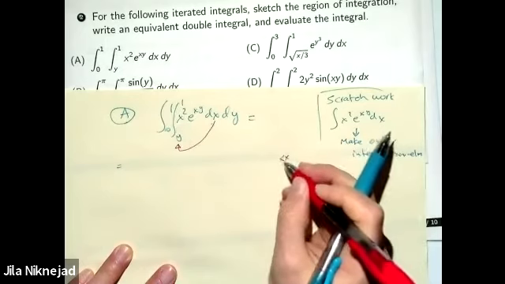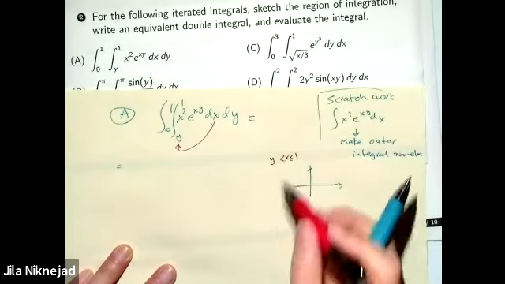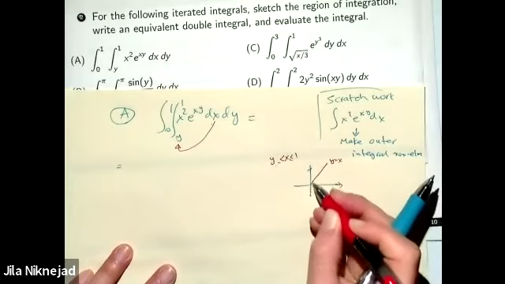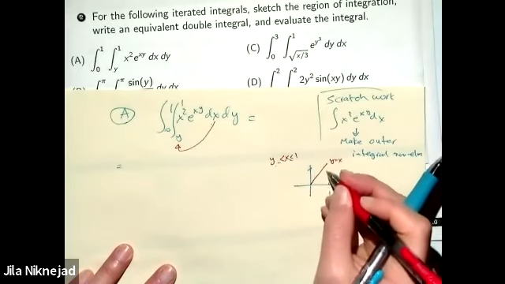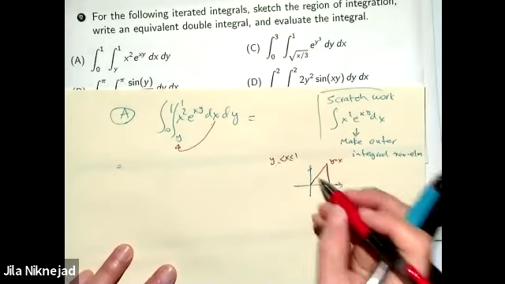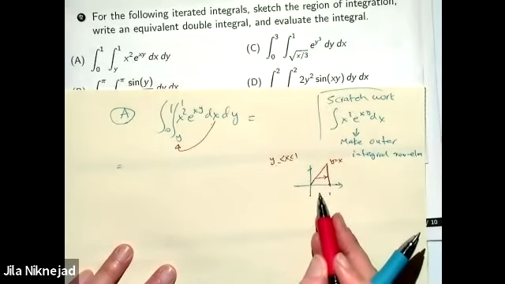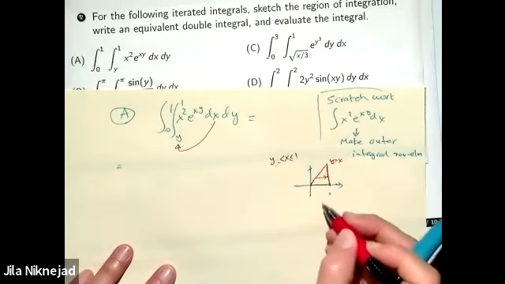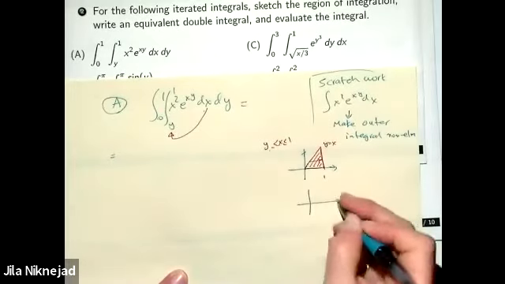So x is between y and 1. x equal to y is this, and then x equal to 1 is this. And x goes, right now, in that direction, and y goes from 0 to 1. So that's the region.